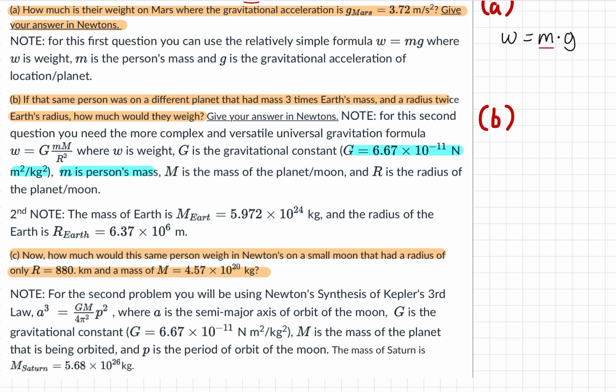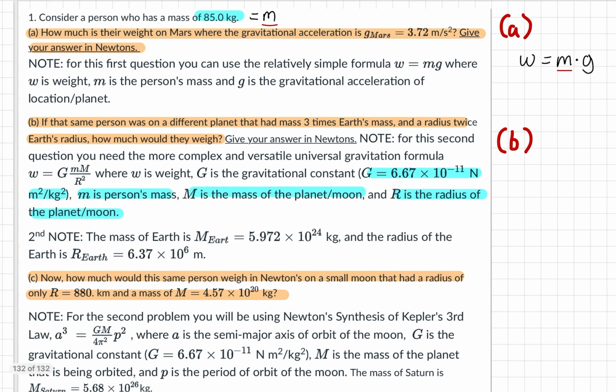We have our mass of the planet or moon, and we have the radius of the planet or the moon. And when you have all that information, you can actually calculate g. But in this case, we're going to use it to calculate w because we're going to put m right in the formula already. But if you do eliminate m from this formula, then what you're left with are the exact values to actually calculate g itself if you are not given it.